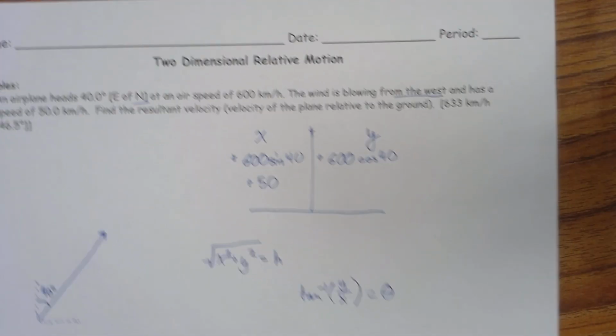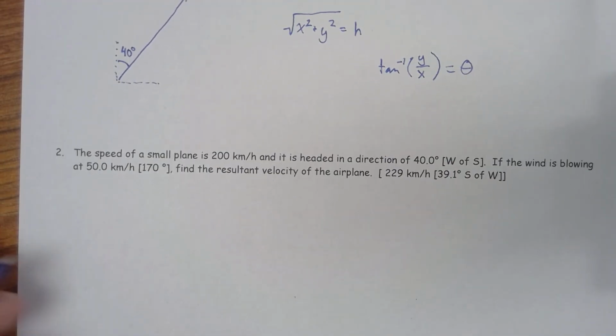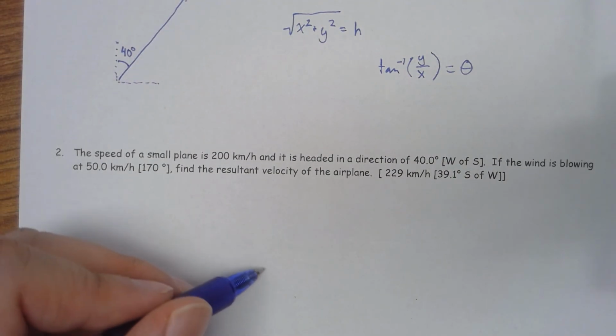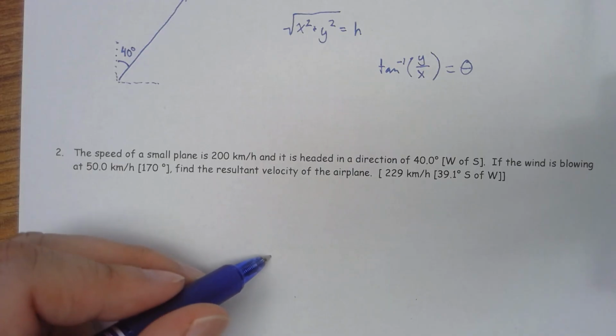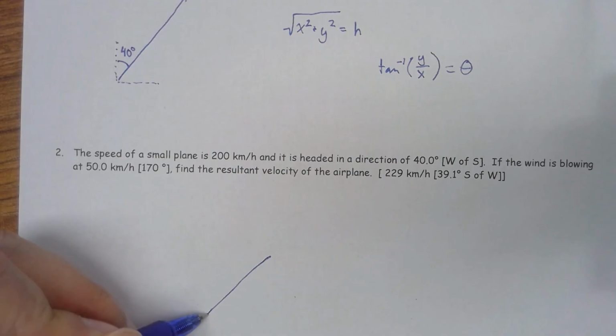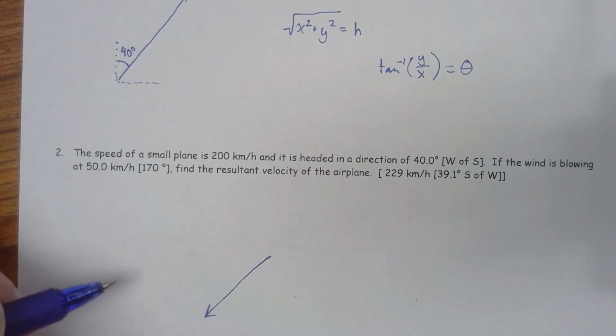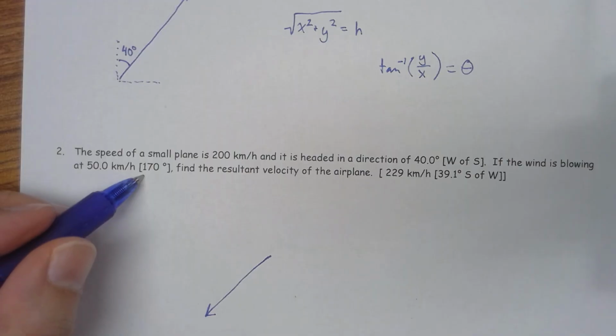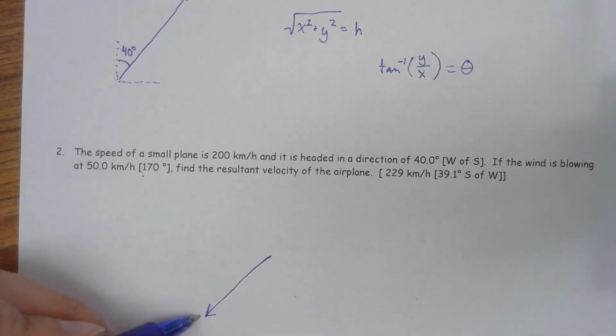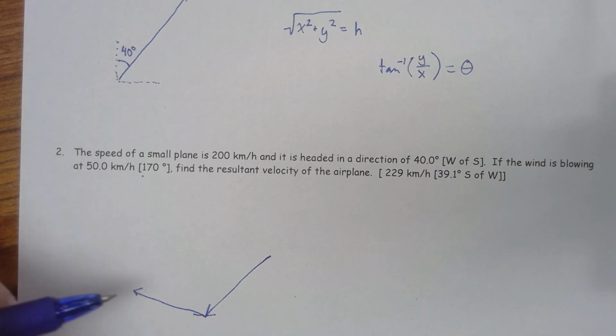The next problem, problem number 2, will go which way? West of south. 4 degrees west of the south line. If the wind is blowing at 50 kilometers at 170, that's close to 180. It's not 180 yet. So I bet you this one goes up just a little bit.